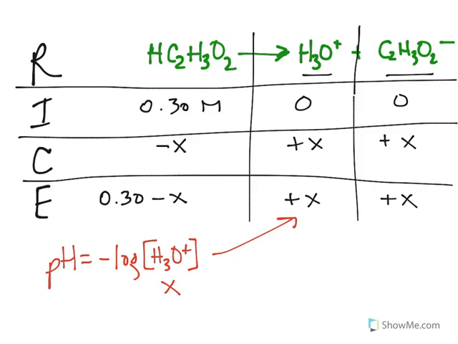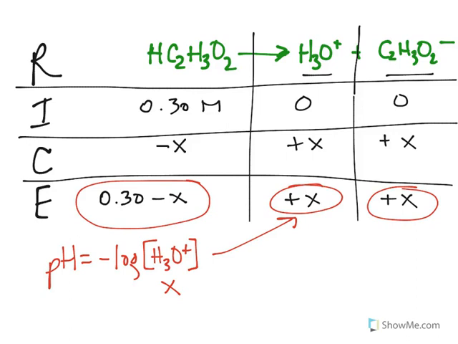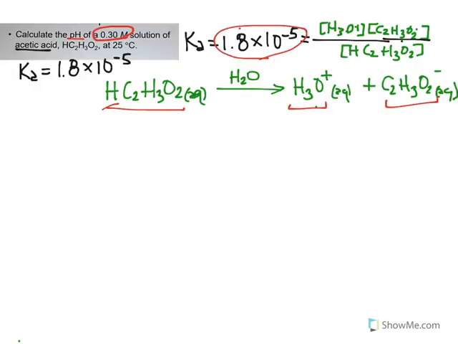So how are we going to solve it? If we know what the concentrations are at equilibrium, even if we're using variables to represent them, and we know the Ka, we can solve for X. Once we solve for X, we can calculate the pH.